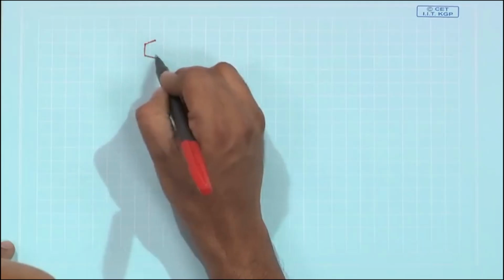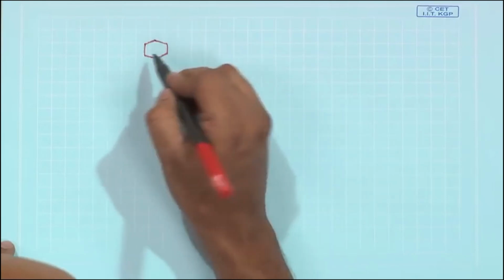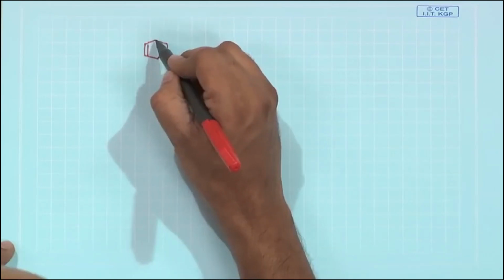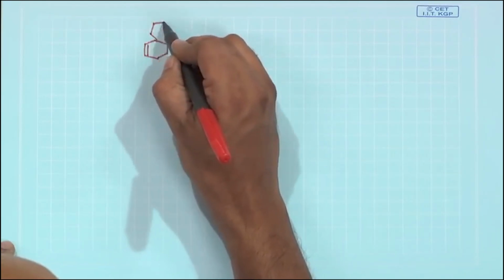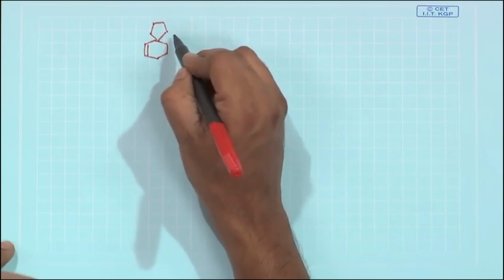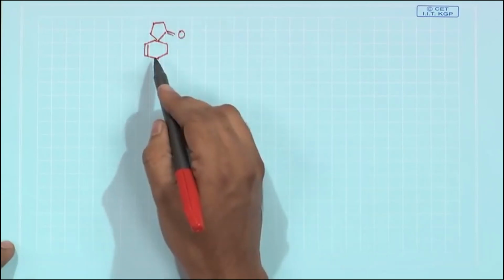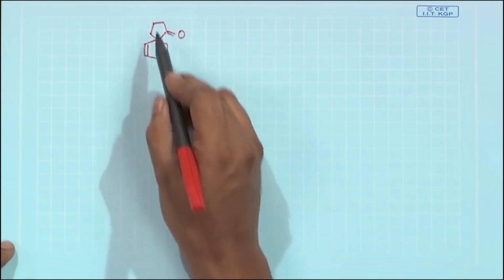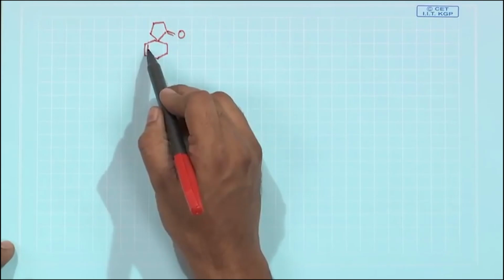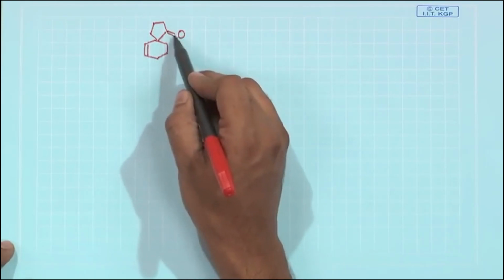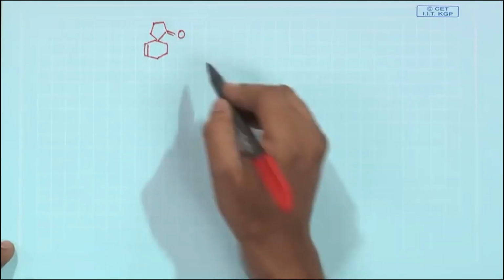On a similar line, we will try to do another skeletal disconnection for a target molecule whose structure is a spirocycle. We are talking about spirocyclic ketones, a 6 member and 5 member spirocycle. Here you have a double bond, and in this 5 member ring you have a carbonyl functionality.